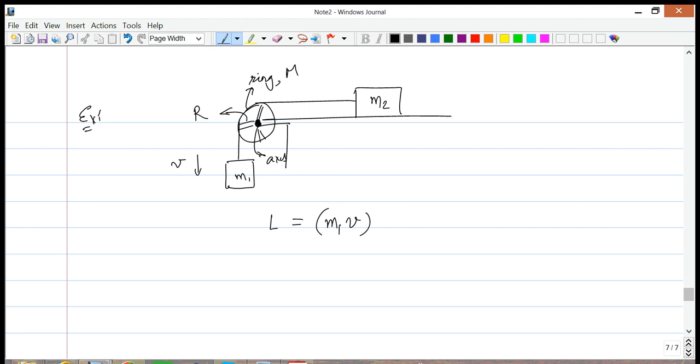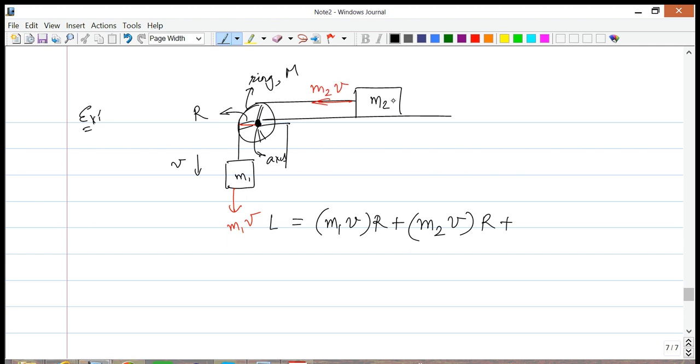The moment arm is simply the radius r for block M1 about this axis, because that's the perpendicular distance of this momentum M1v from the axis. Similarly for the second block, it is M2 times v times r, because the moment arm that the momentum M2v makes is r.